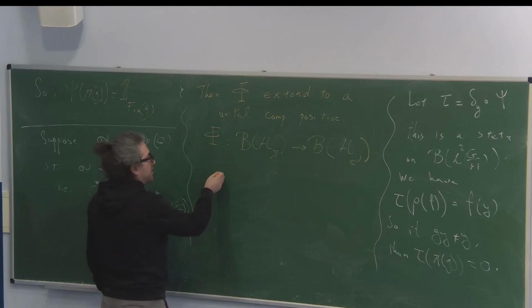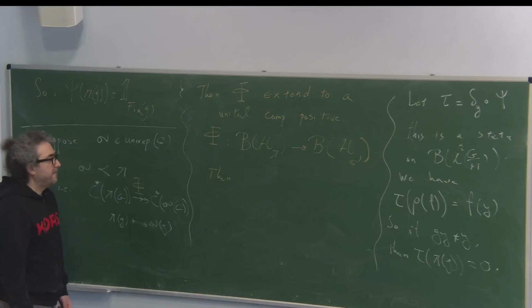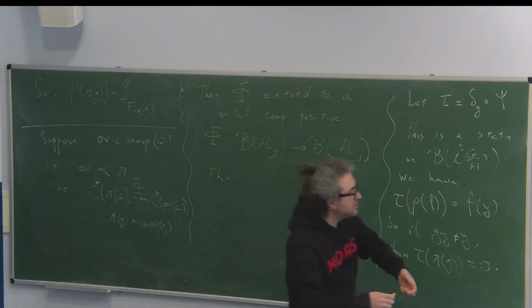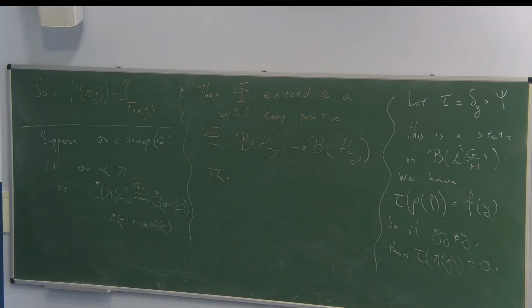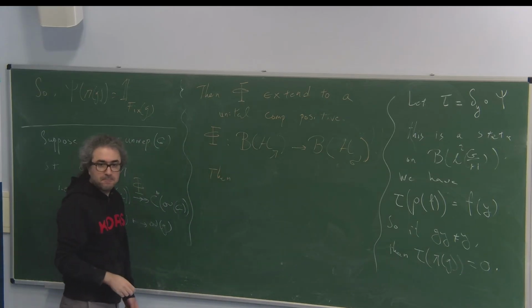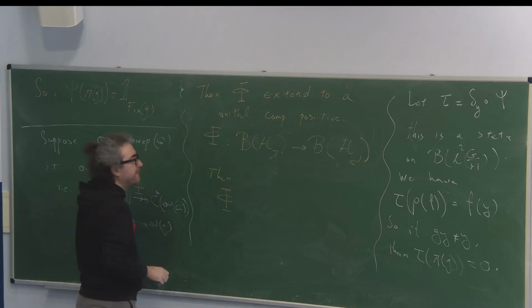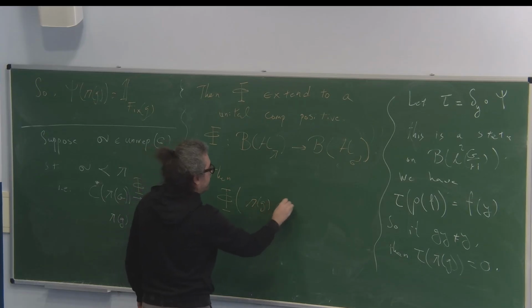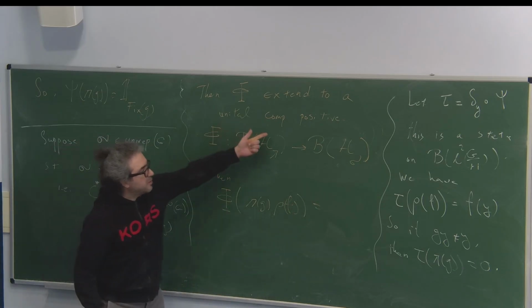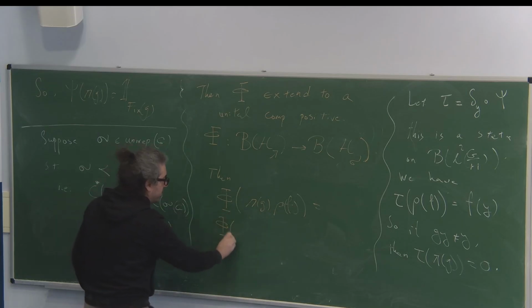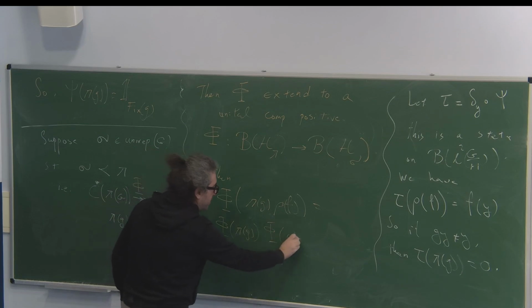Okay. Then I had this. You recall? So I'm going to show you that I have a similar formula on this side. Then phi of pi g rho f is, because I told you that I needed that complete positivity to say that now this will split, phi of pi of g times phi of rho of f.